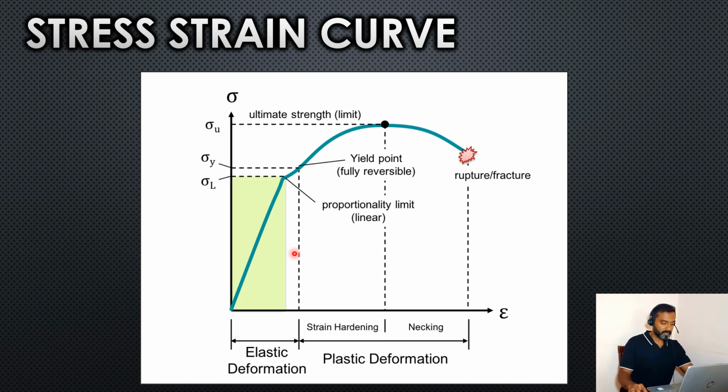So in this curve, the first straight line up to the yield point is reversible. But after that what happens? After that it becomes plastic, in such a way that it will not break but it will deform. It will change its shape but it will not come back to its original shape. So this is going to be a permanent deformation. That is known as strain basically.